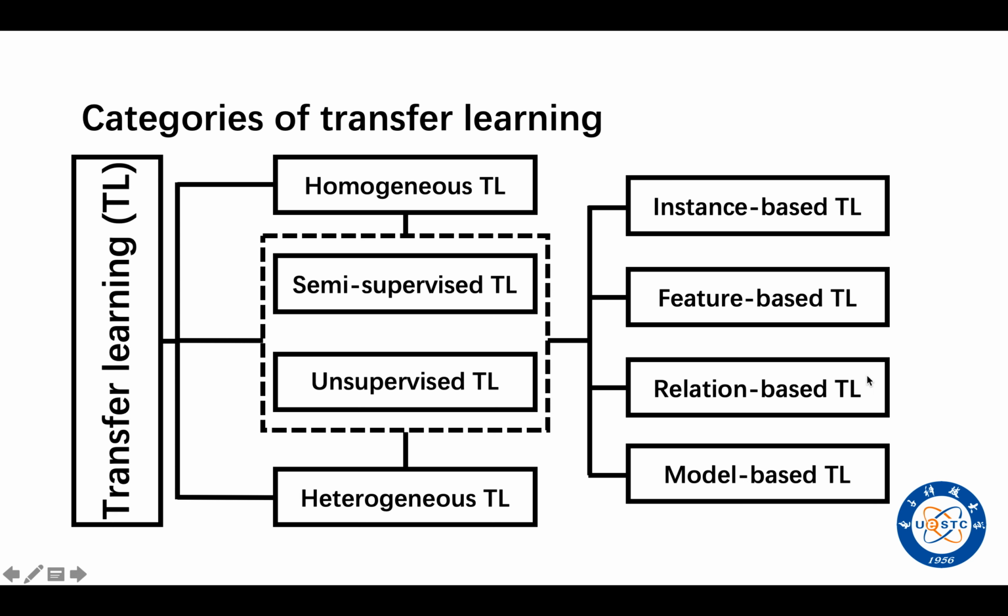In terms of the methods, transfer learning can be categorized into instance-based transfer learning, feature-based transfer learning, relation-based transfer learning, and model-based transfer learning. According to the characteristics of the feature, transfer learning can be categorized into homogeneous transfer learning and heterogeneous transfer learning.